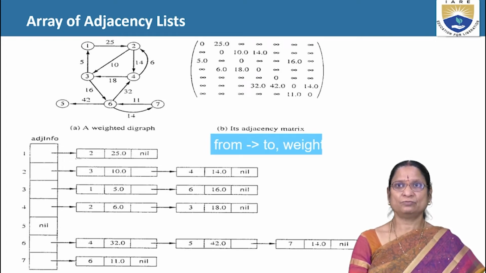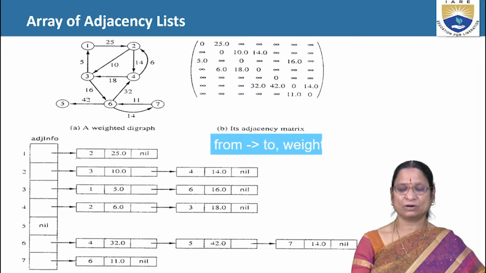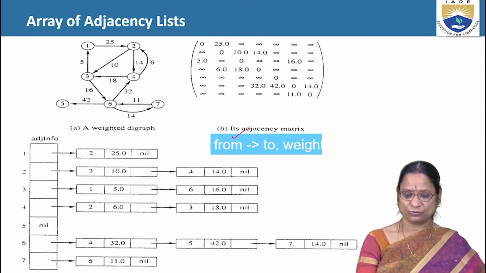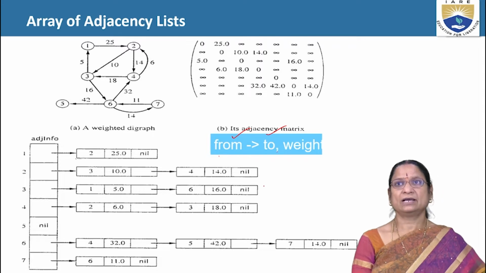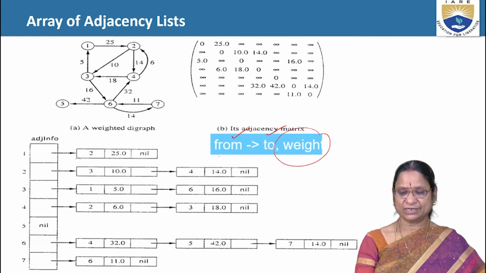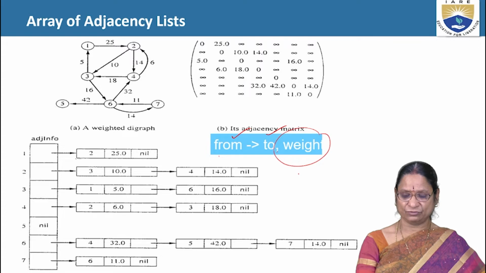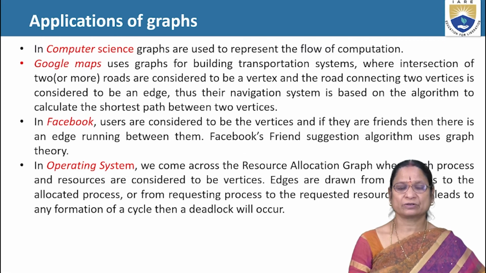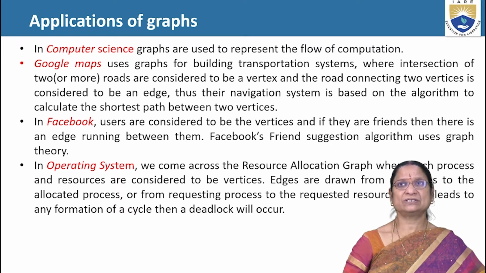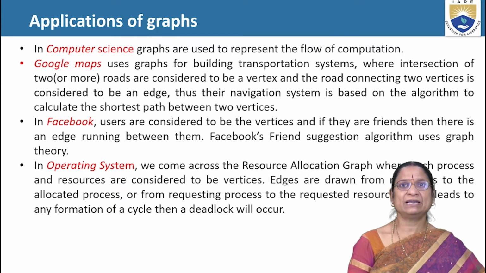That means in the case of an adjacency matrix, from is a node number, to is also a node number. At the respective position, if it is a weighted graph, the weight is presented. If it is an unweighted graph, 1 is presented. Otherwise, no edge means 0.